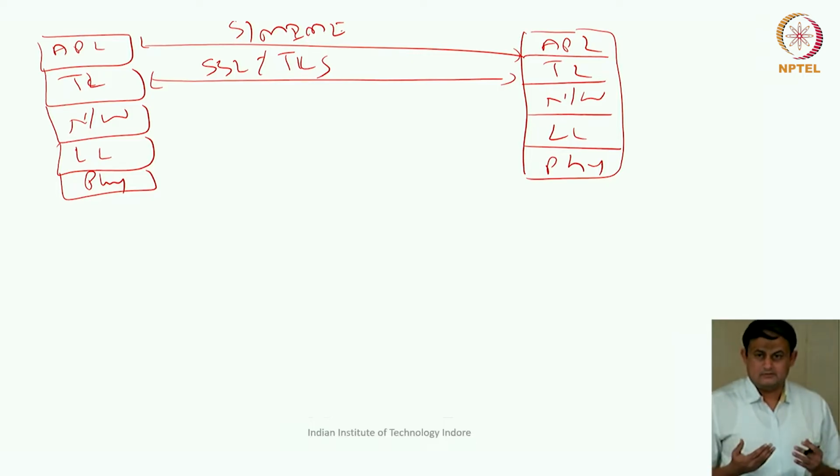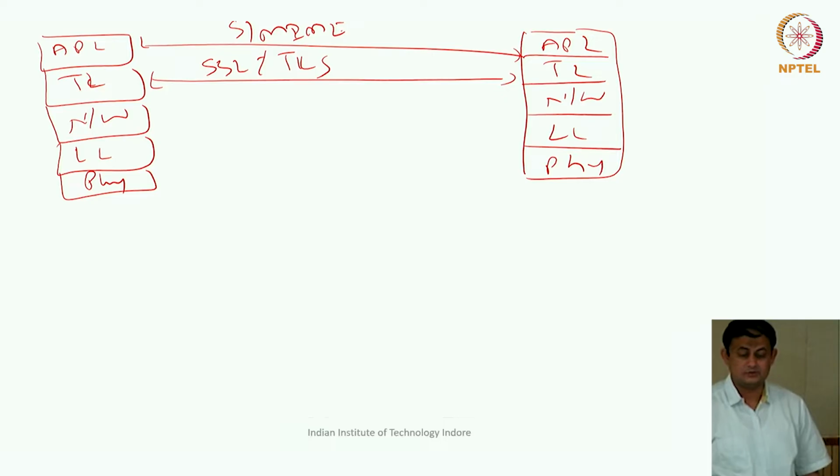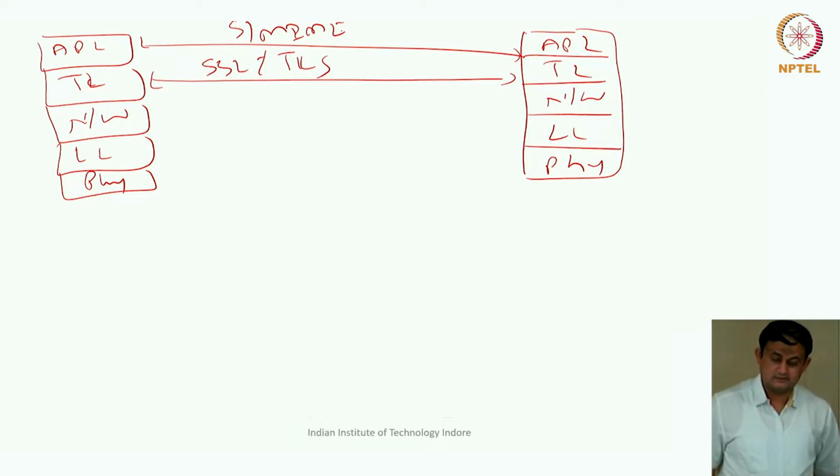Although TLS can be used for different applications, in practice it is used mainly with HTTP, which is prominently used nowadays for streaming, video streaming and other applications. But nevertheless, in practice it is limited to only HTTP.